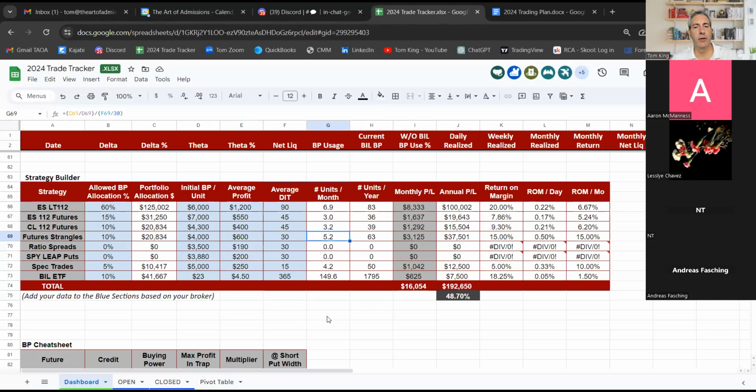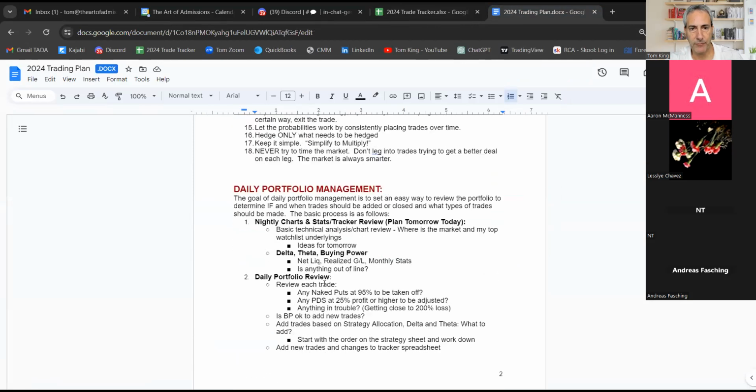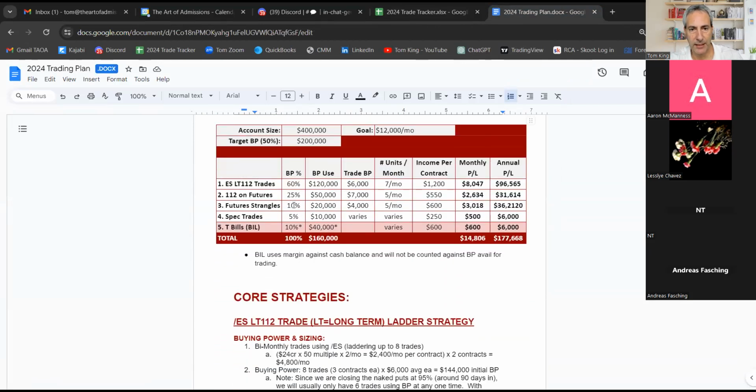It lets me do about 5 contracts a month on different futures that I have out there. It's probably not really reflected as much in my trading plan as it is here, because this is more 10%. If I look at the trading plan, I did adjust it, so it's still 10% here. I can do up to 5 contracts a month, right?